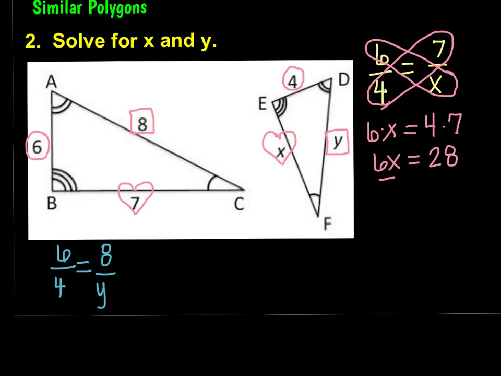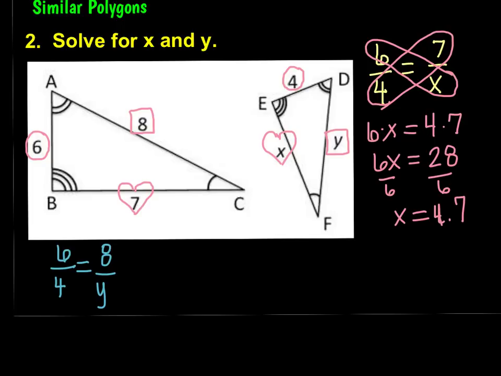We're going to divide by 6 on both sides. And x is going to equal 4.7. Okay, I rounded to the nearest tenth. So the length of x would be 4.7.